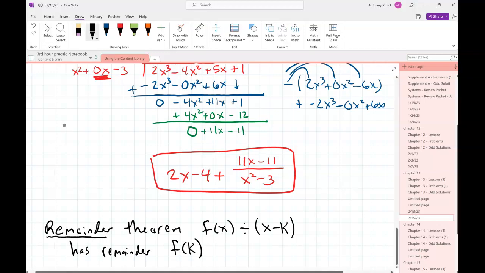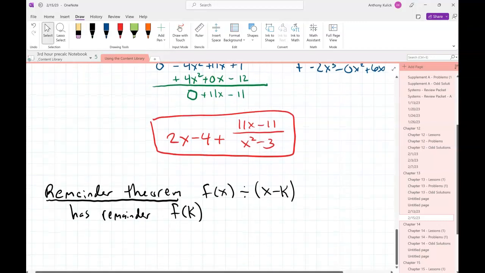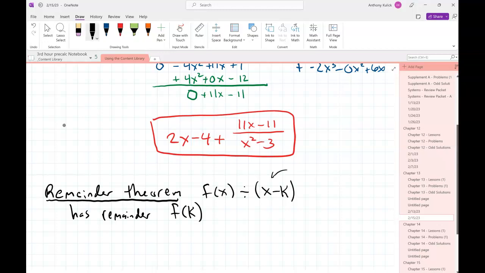So the remainder theorem says that if you have f of x, where f of x is a polynomial, and I divide it by some x minus k, some other linear binomial whose leading coefficient is 1, that kind of polynomial is called a monic polynomial, where the degree is 1 and the leading coefficient is 1.